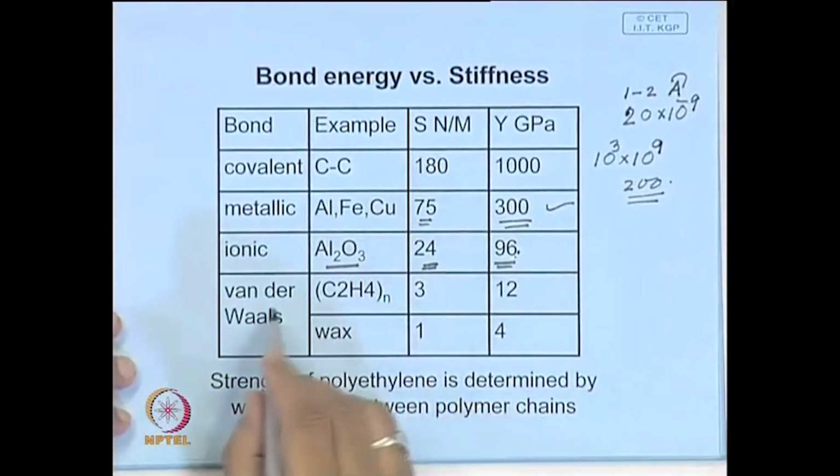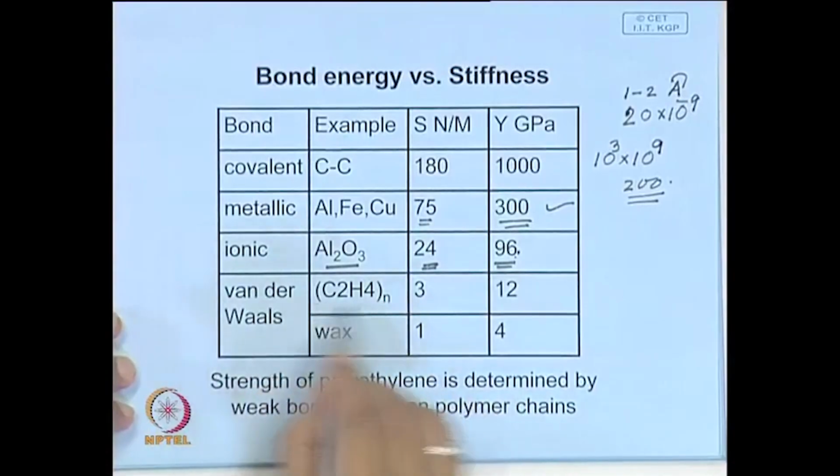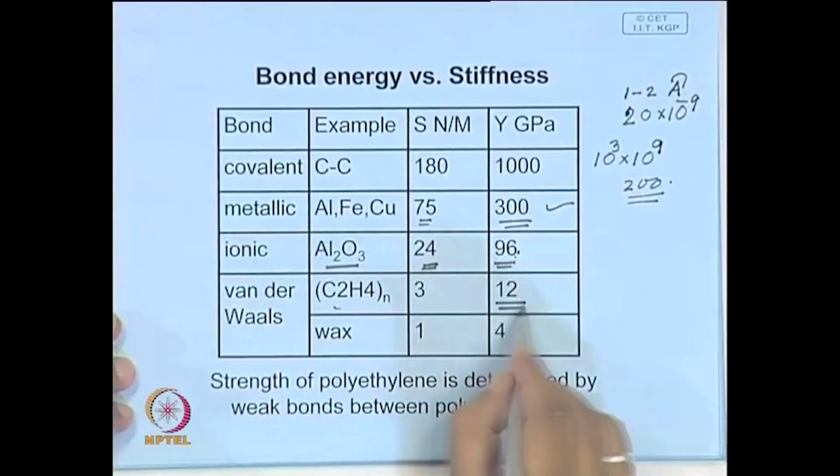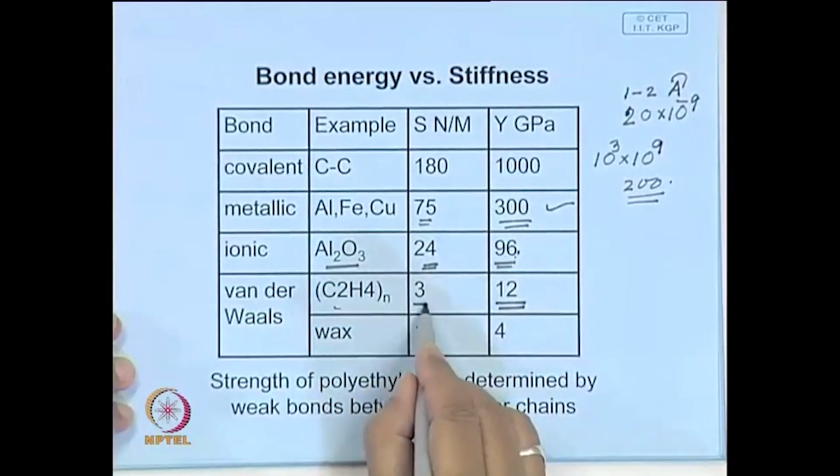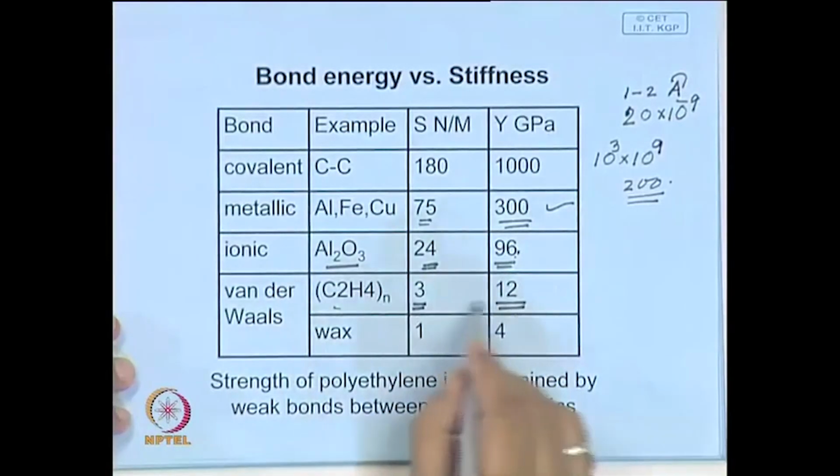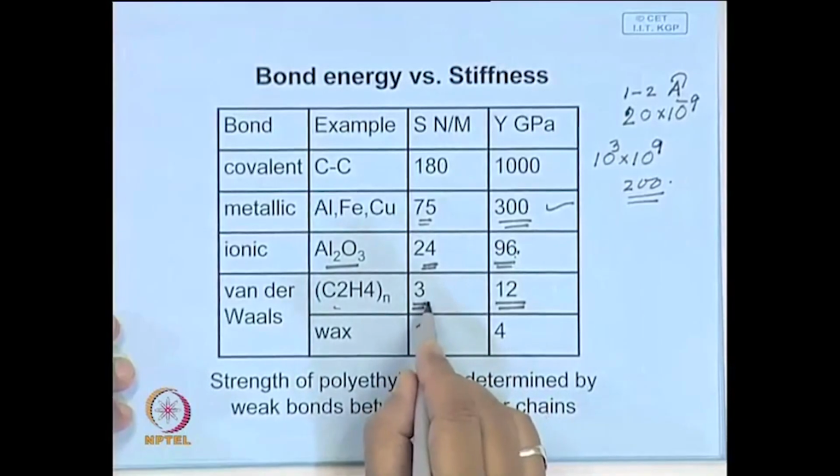Now, if you look at the bond in these polymers, this is the Young's modulus and this is the stiffness. Here the stiffness is very low.